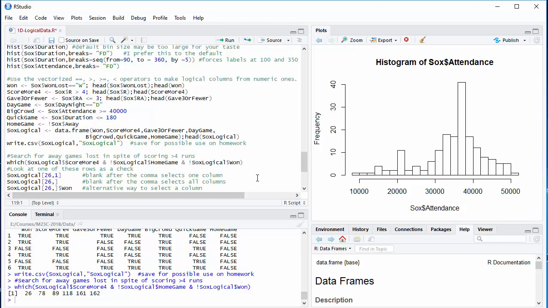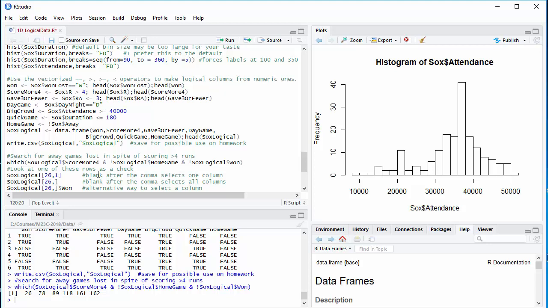Let's have a look at one of these rows. The first of these rows is row 26. If I want to look at the first column in row 26, I say Sox.logical[26,1]. So you can treat this data frame the way you might already be accustomed to treating a matrix.